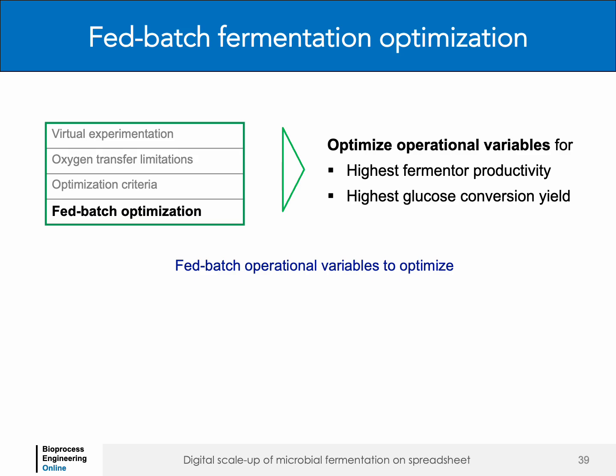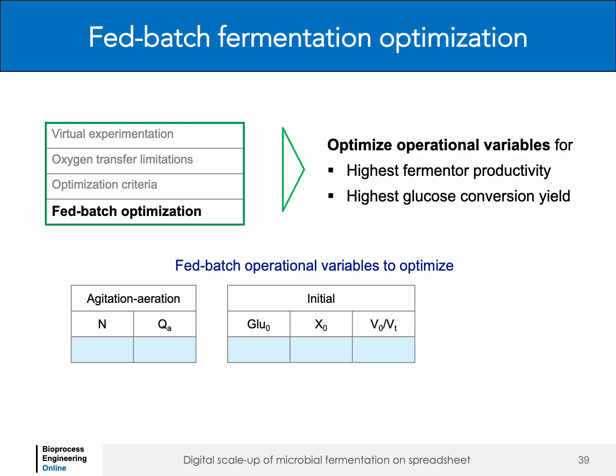The 7 operating variables to be optimized are the impeller stirring rate N and airflow rate QA, the initial glucose concentration GLU0, biomass concentration X0, and medium volume fraction V0 over Vt, the glucose feed concentration GLU feed, and steady state concentration GLU SS.